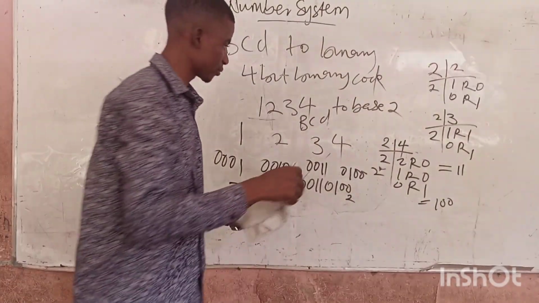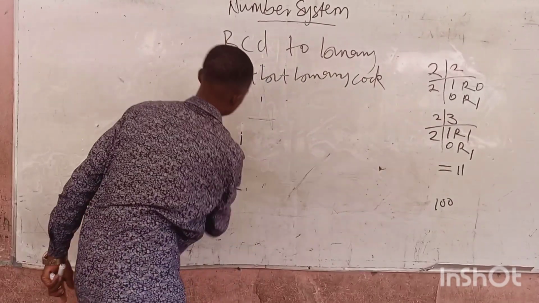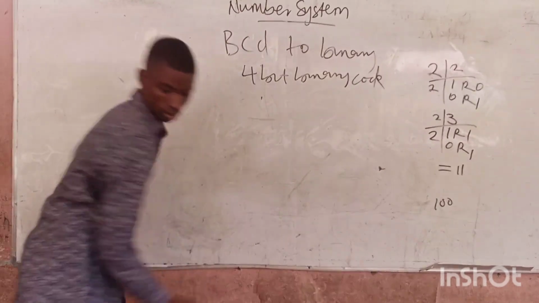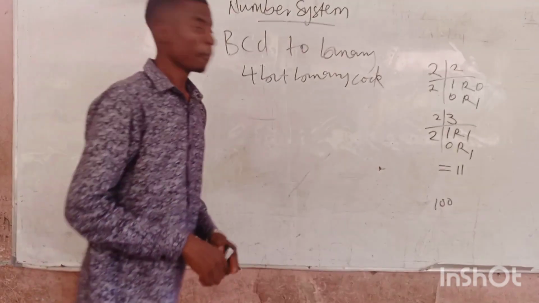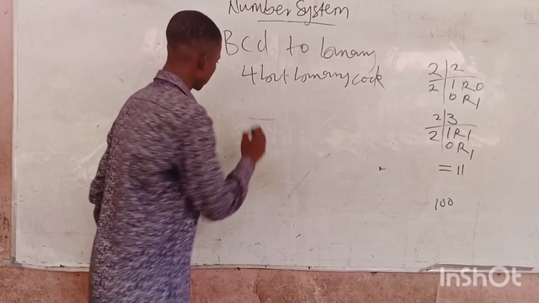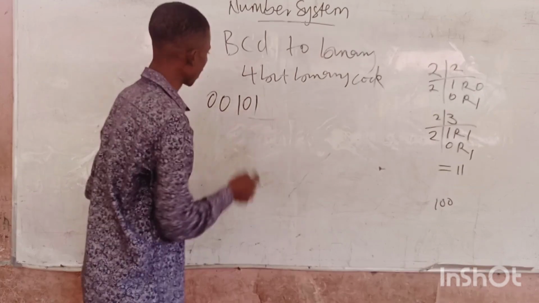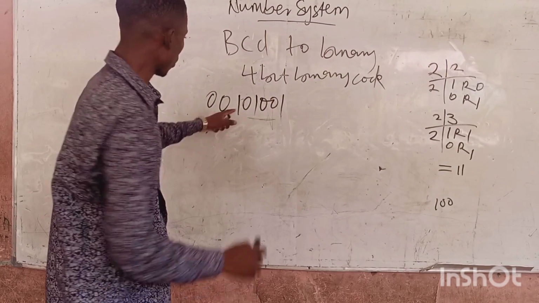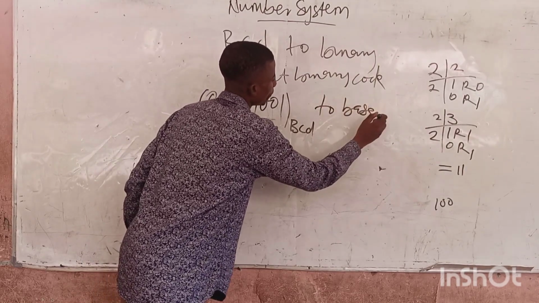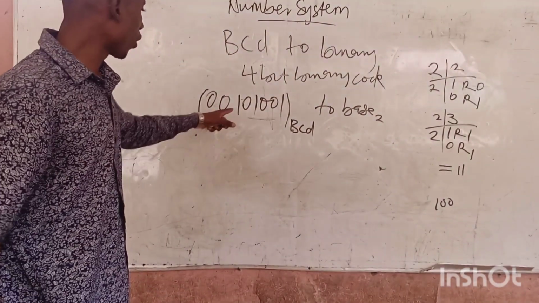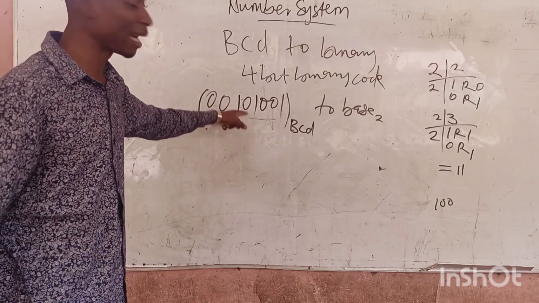But assuming we want to convert a number like 1001 0010 from BCD to base 2 or binary, first of all, remember that BCD is a number system that contains 4-bit binary code.